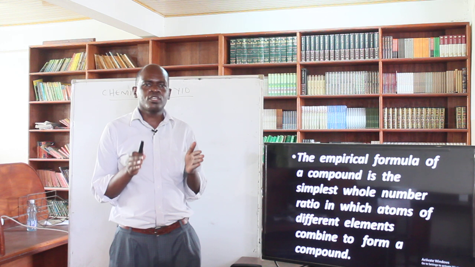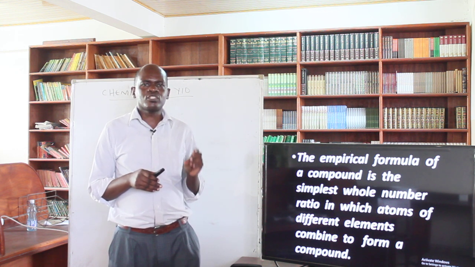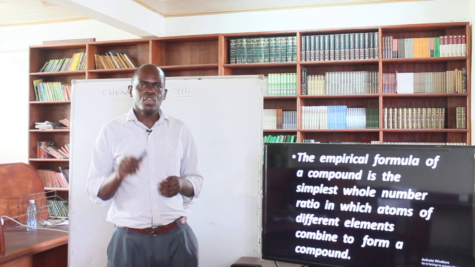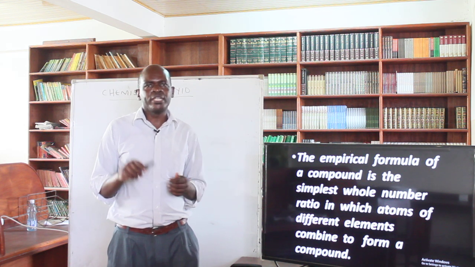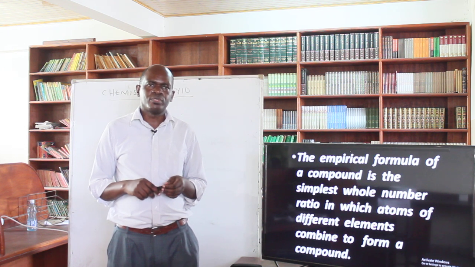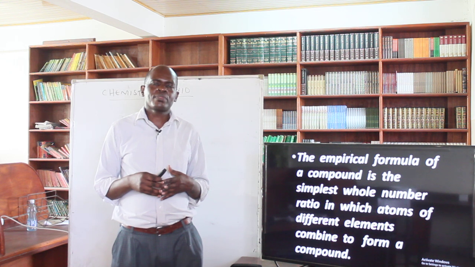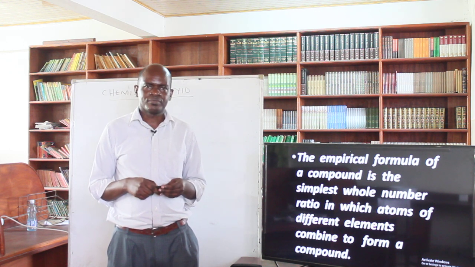The simplest whole-number ratio. That means that the atoms combining must bear simple whole-number ratios, one to the other. That is, one atom to the next atom. There must be a simple whole-number ratio between the different atoms. And when these combine together, they are determined within a specific compound. That is what we call the empirical formula.